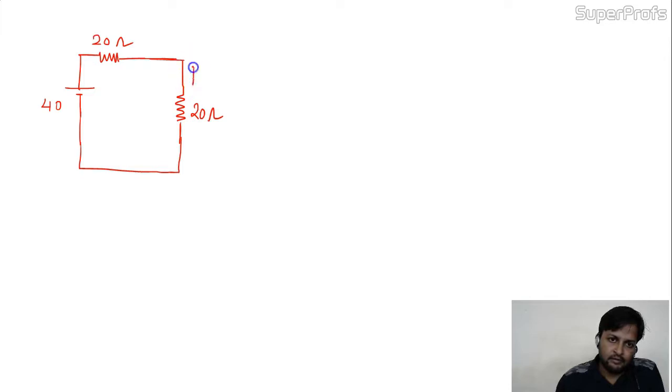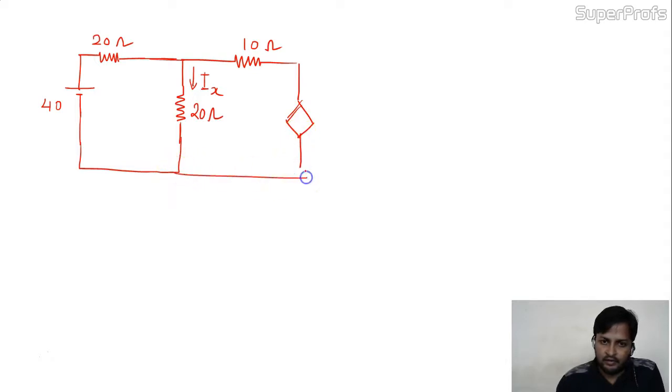In this 20 ohm, Ix is given. Ix connected with 10 ohm. This 10 ohm is again connected with 4 Ix incoming current, where Ix is nothing but this only. So here also I should write like this.